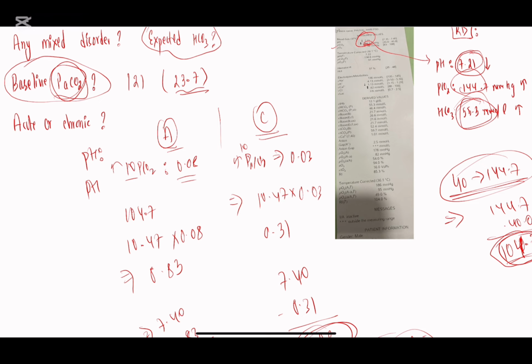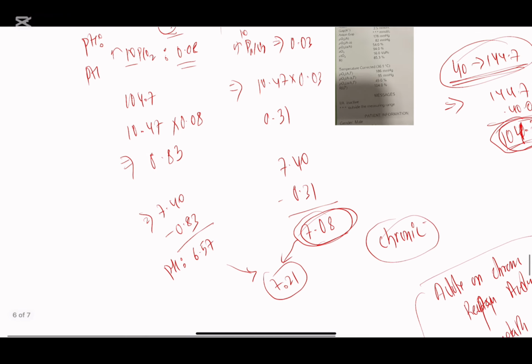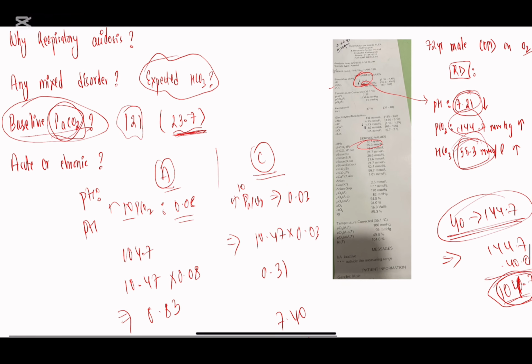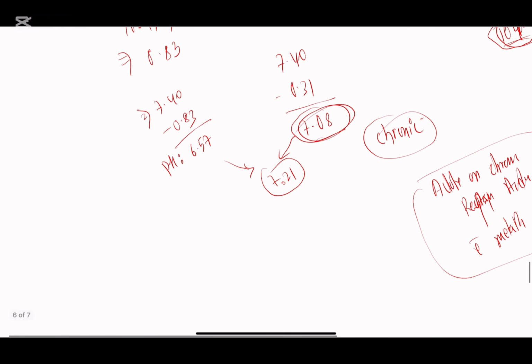We had calculated the baseline PaCO2 of 121. There was an acute rise in the PaCO2 of 23.7 during the exacerbation. Now let's reconsider the bicarbonate 55.3.